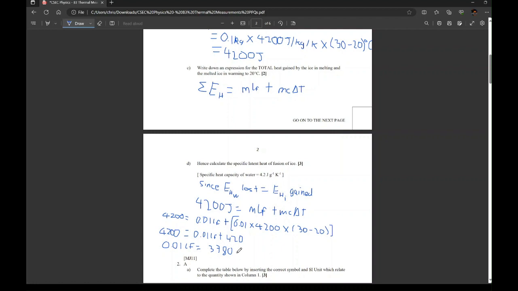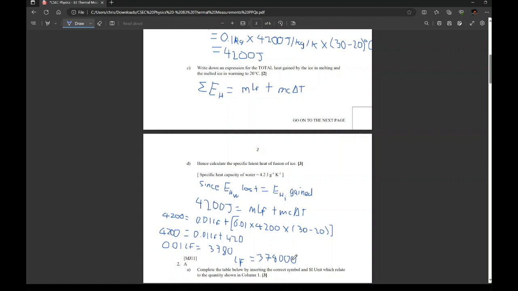And therefore, I'm going to have to write this here because of space. LF is going to be equal to 3,780 divided by 0.01, which gives us 378, so that's 378,000 actually.